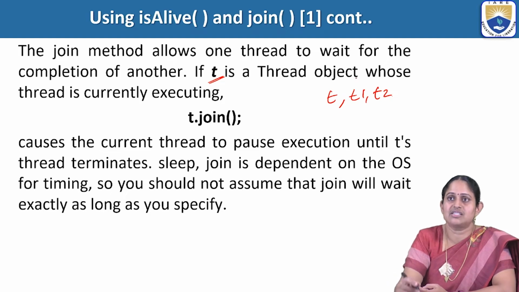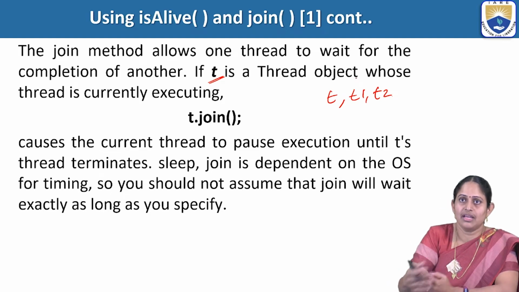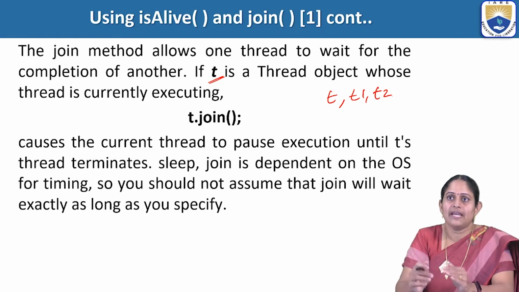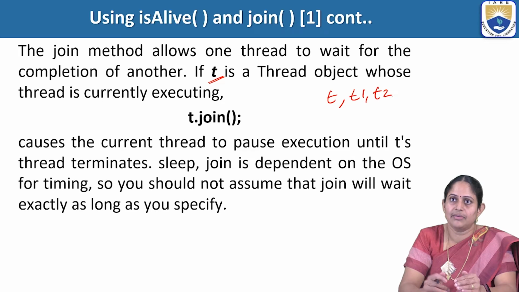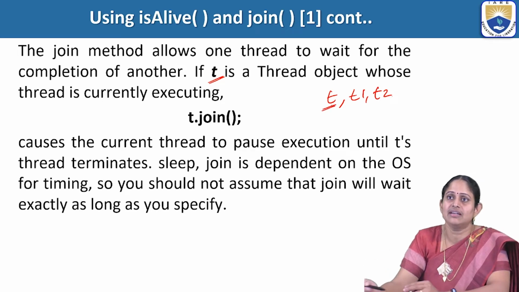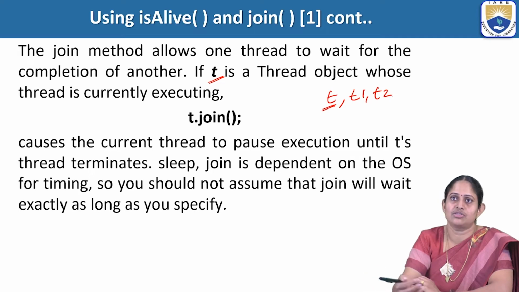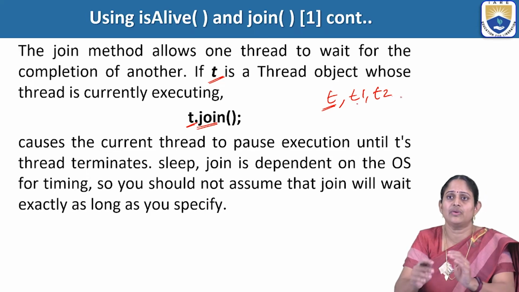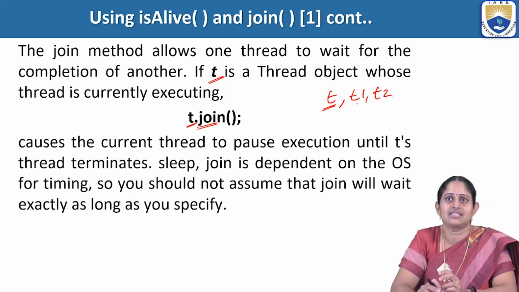All these three threads will take the CPU in a random fashion, determined by the operating system. If we want thread T to complete first, and only then we need T1 and T2 to start, in such scenarios we call the join method over T, so that T1 and T2 will wait until T completes its work.